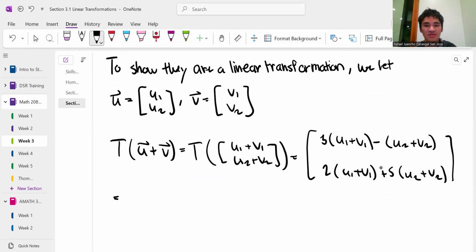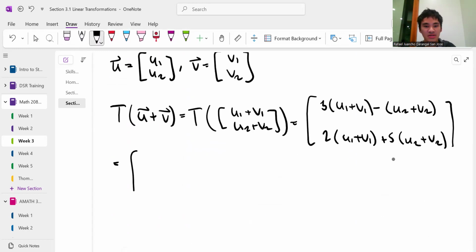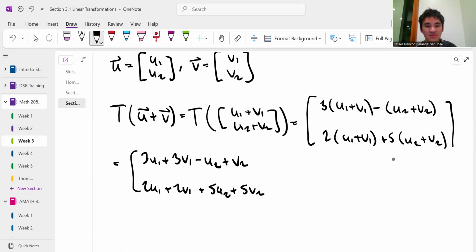And if we expand this, we're going to get something like 3u sub 1 plus 3v sub 1 minus u sub 2 minus v sub 2, and 2u sub 1 plus 2v sub 1 plus 5u sub 2 plus 5v sub 2.